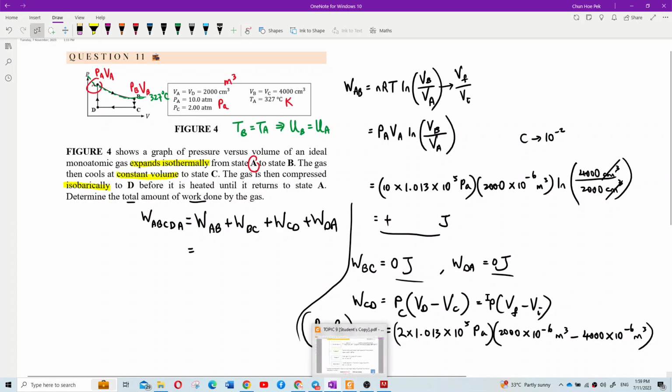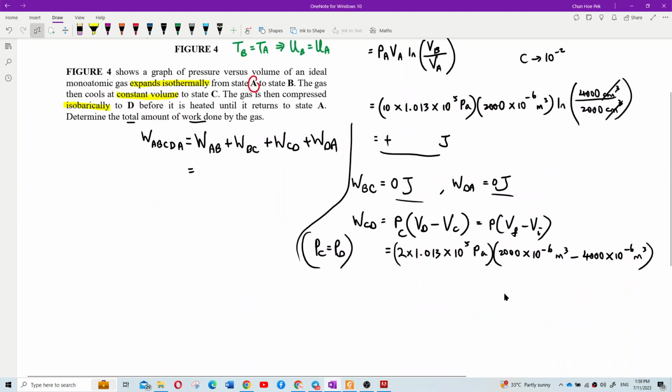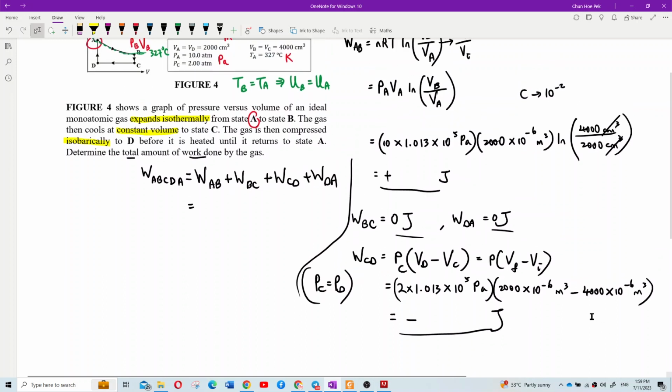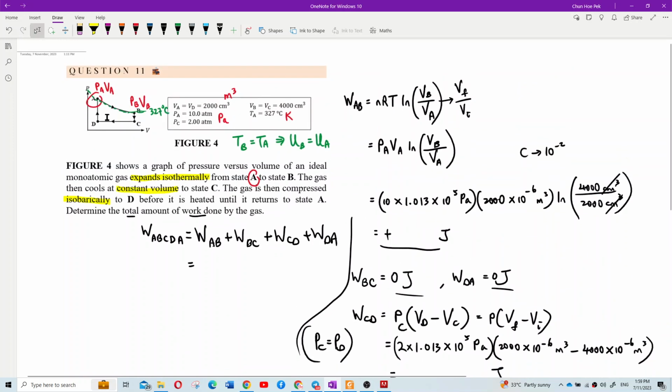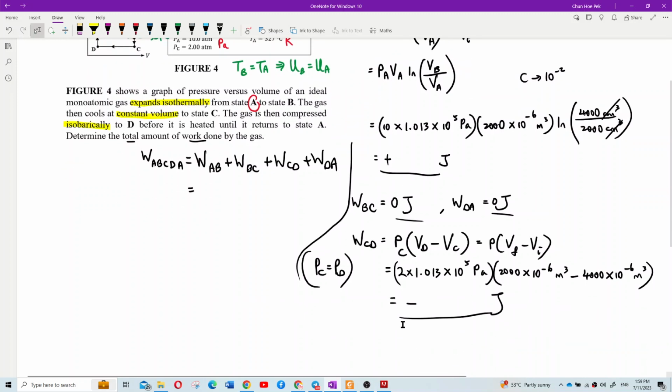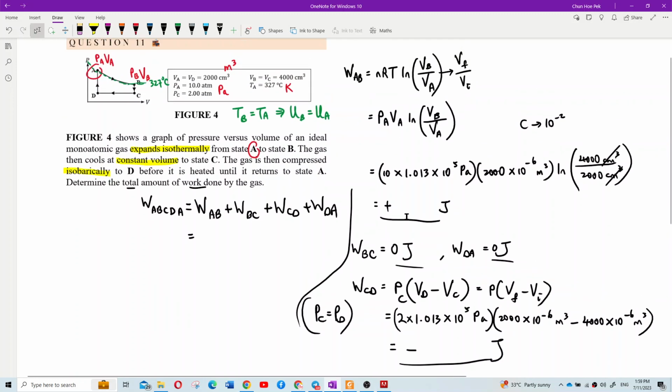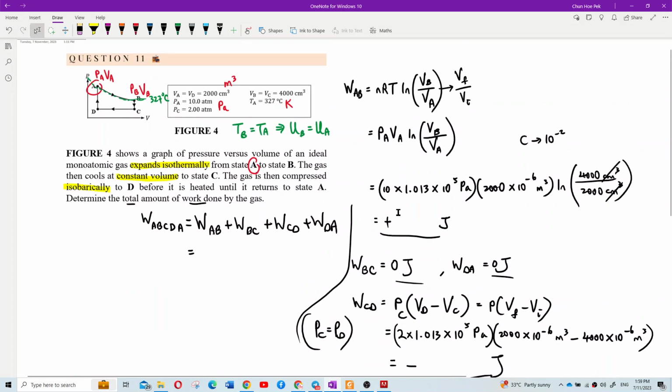This one, just now work done CD, this one should be negative work done lah. Yeah, negative work done. Smaller volume minus bigger volume. Negative work done. Because it's compression. Compression is negative work done. This one AB is expansion. Expansion is positive work done.